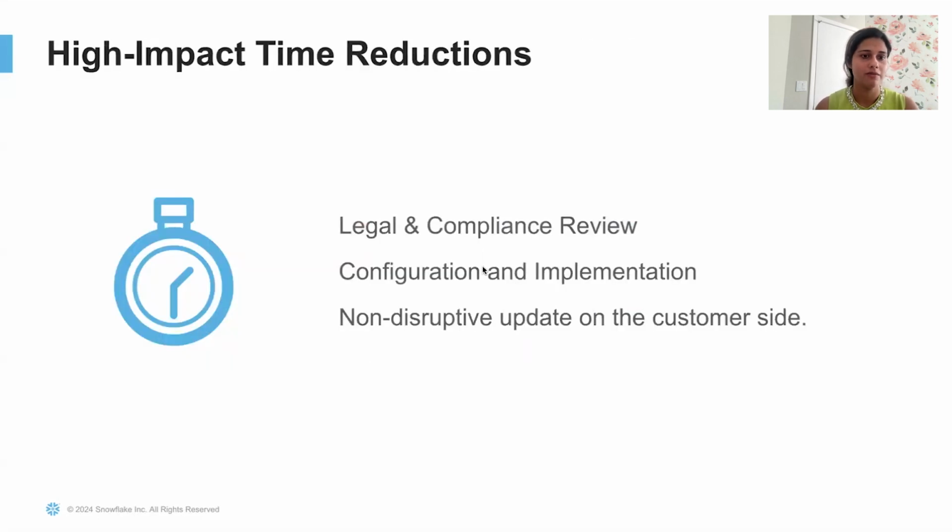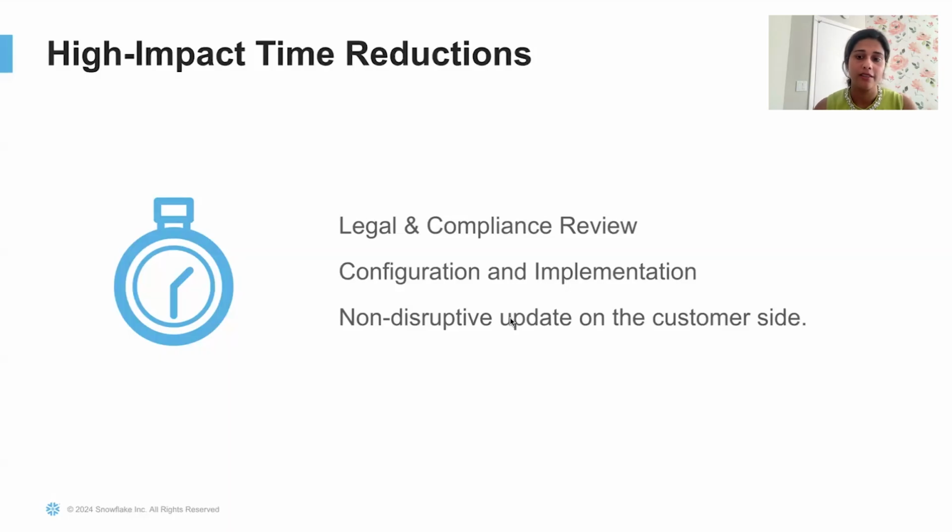Let's get into it. This significant drop can pretty much be categorized into 3 parts. The first one is the legal and compliance review. Traditionally, legal and compliance review can take anywhere from weeks to months. But if you build on Snowflake native applications, these processes get much more streamlined for you.